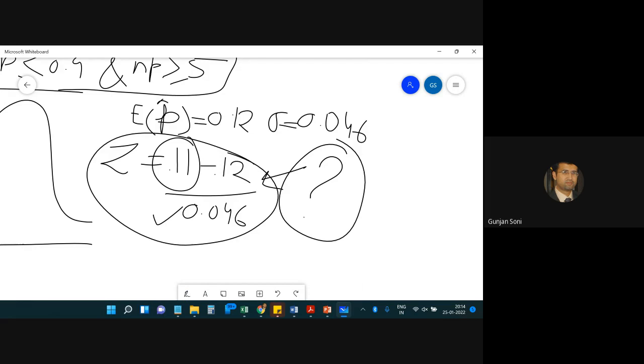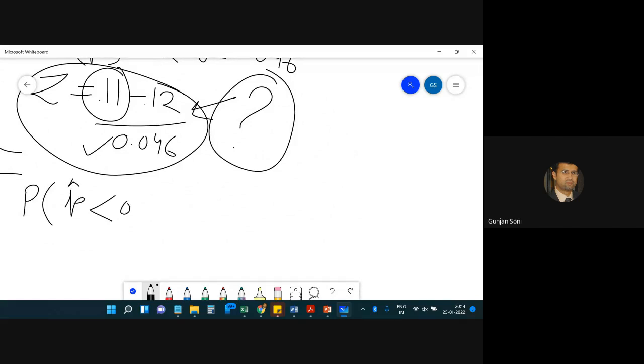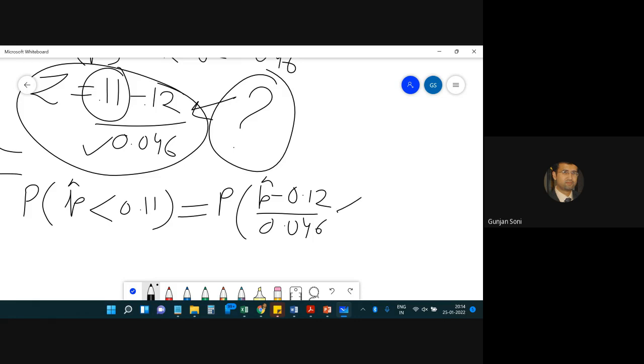If I'm asking something, that doesn't mean that it's definitely incorrect. So what we want to find out is p hat less than 0.11, right? Which will be equal to the probability that p hat minus 0.12 divided by 0.046 is less than 0.11 minus 0.12 divided by 0.046.